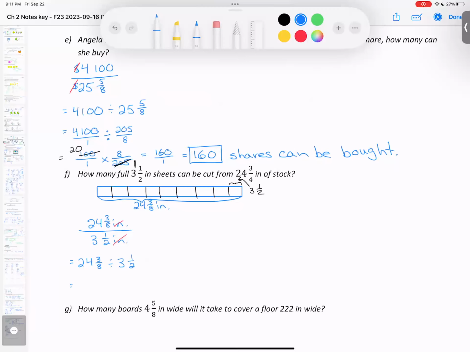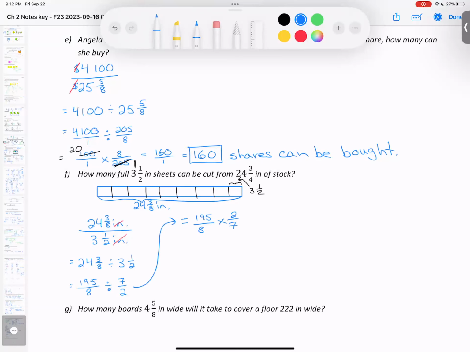So 8 times 24 gives me 192 plus 3 gives me 195 over 8. And we're dividing that by 7 over 2. Let's flip and multiply. So 195 over 8 multiplied by 2 over 7.